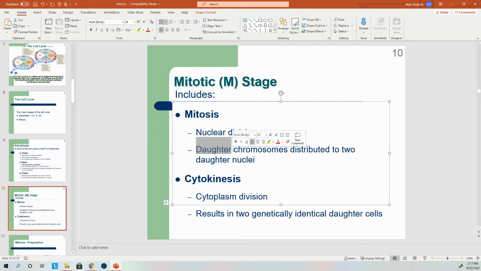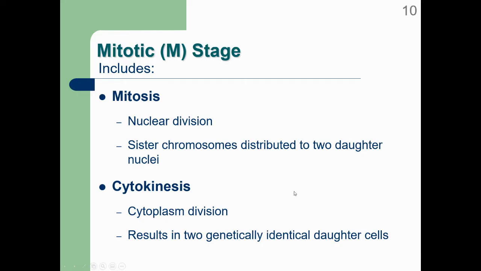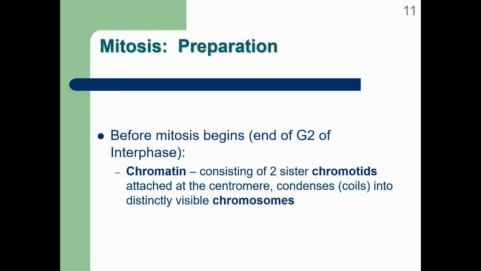Sister chromosomes are divided between the two daughter cells. So the sister chromatids divide between two daughter nuclei in mitosis. And then I divide the cells around those nuclei, so the cytoplasm and the organelles divide, and I end up with two genetically identical daughters.